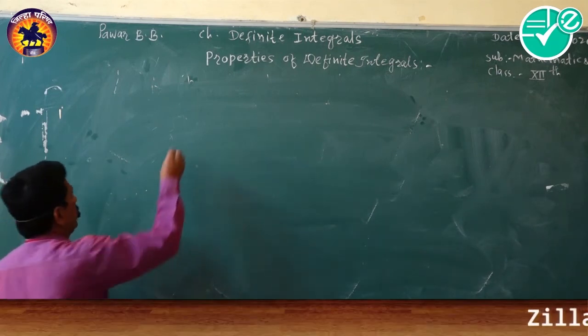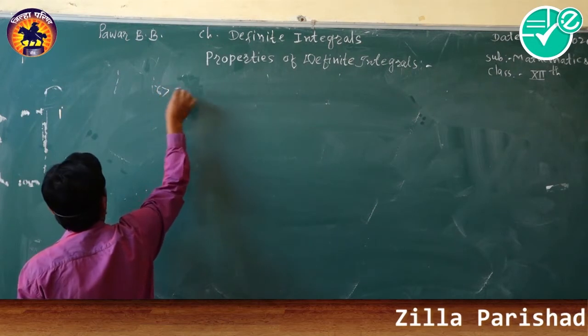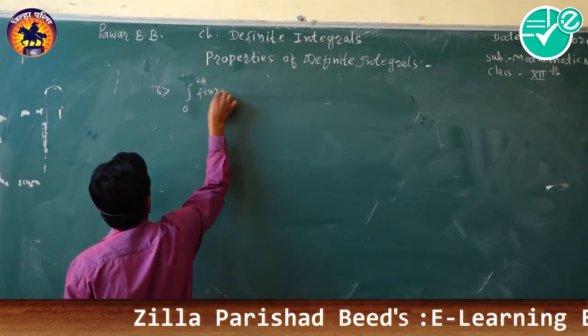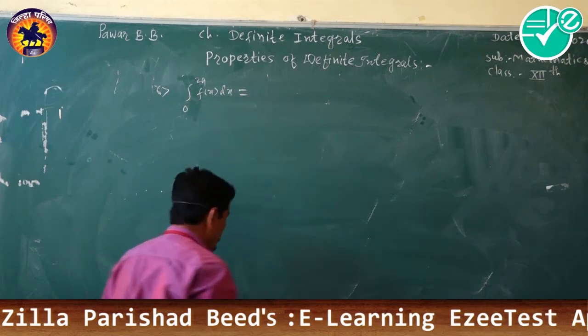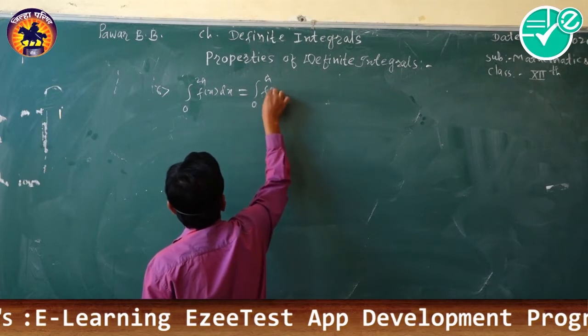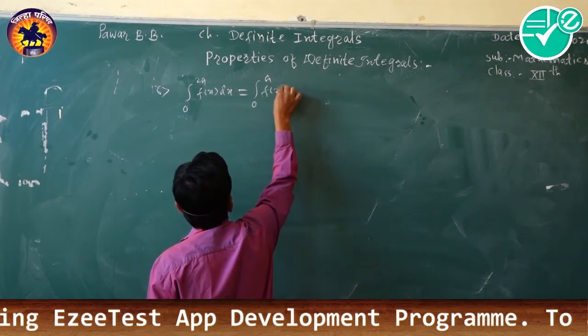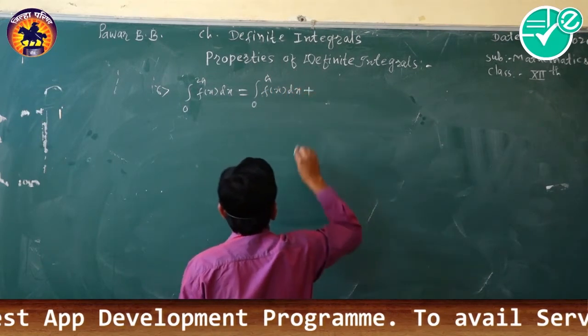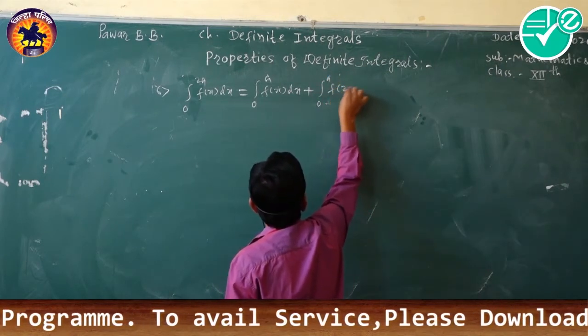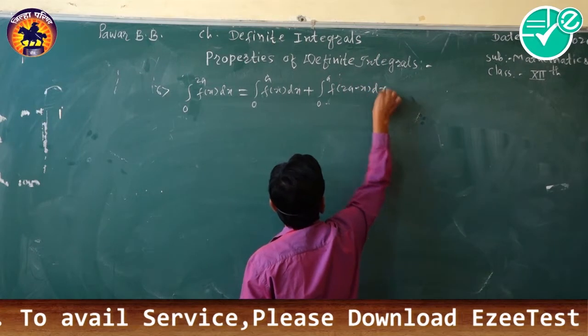Next property, that is integration from 0 to 2a f of x dx is equal to integration from 0 to a f of x dx plus integration from 0 to a f of 2a minus x dx.